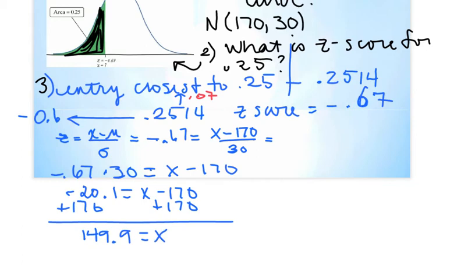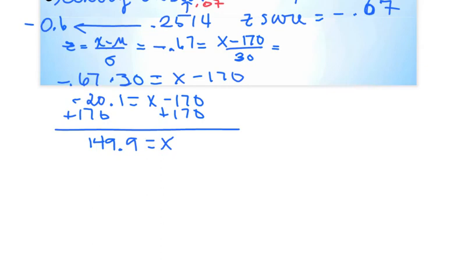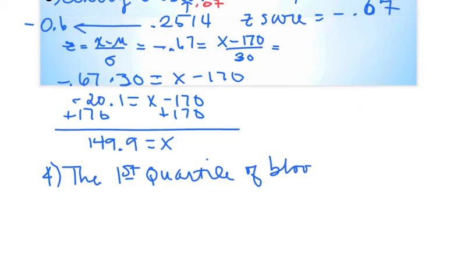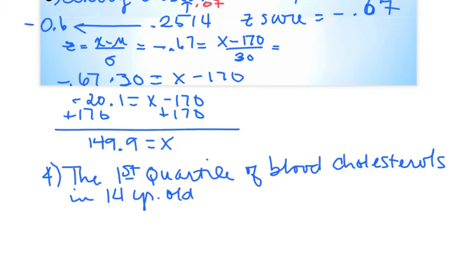So, what do I know in my conclusion? My conclusion, step 4: I'm going to conclude that the first quartile of blood cholesterol in 14-year-old boys, remember being very specific, is about, I'm going to round this, 150 milligrams per deciliter.